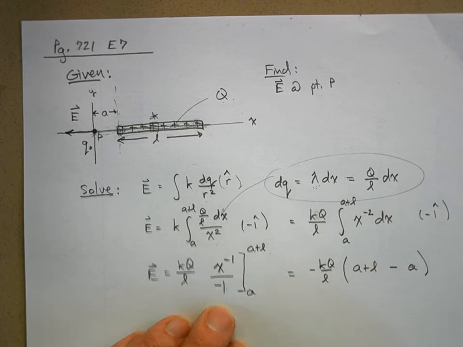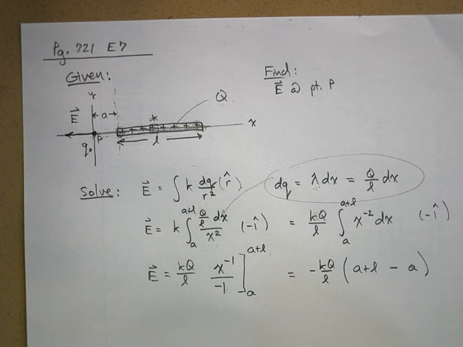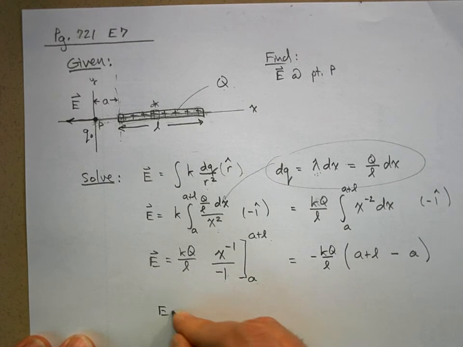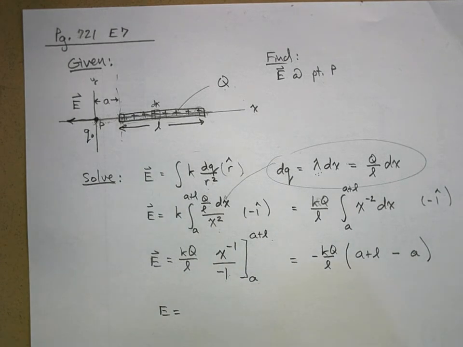Am I doing this right? What am I doing? This negative sign thing, I dropped my book, so I lost my place. All right, so E is equal to negative KQ over L, and then... yes, that's what I'm doing wrong.